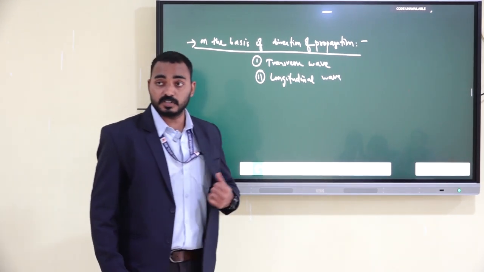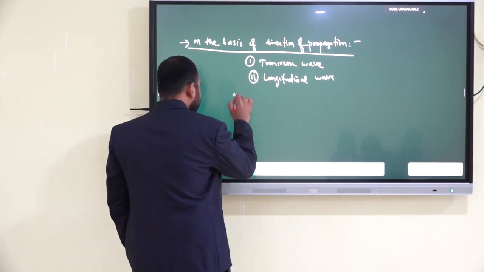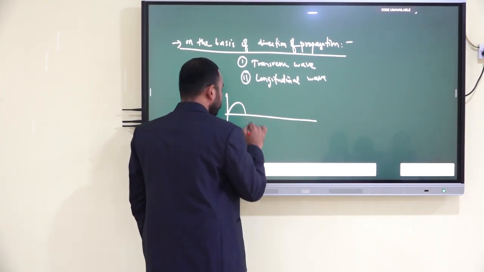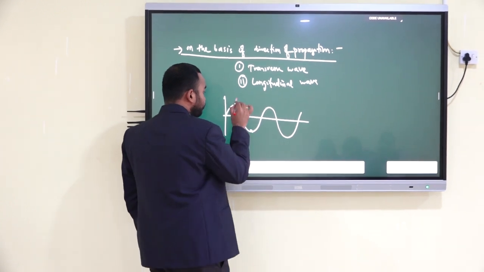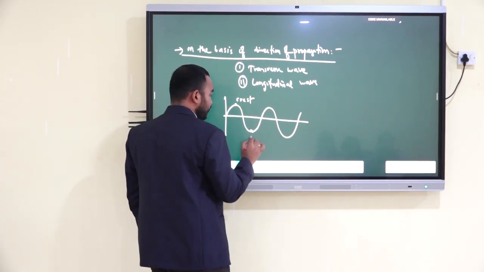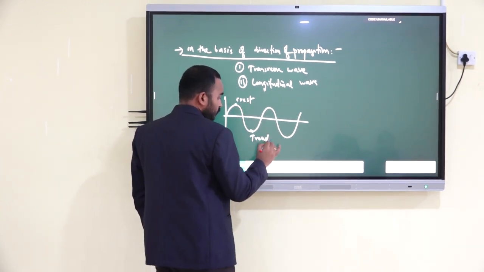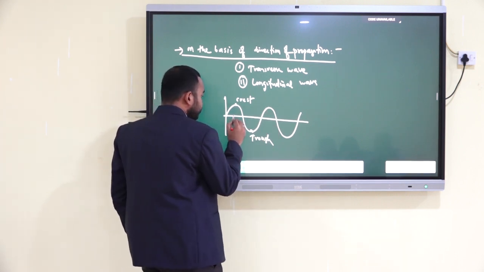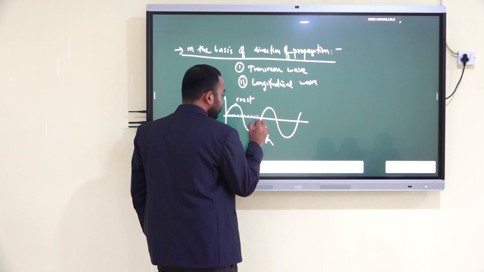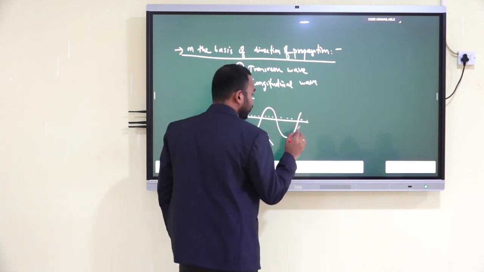In case of transverse wave, if we see the diagram, see this is the raw diagram of a transverse wave where 2 points lie. First this point is known as crest, this one is what? Trough. Now if you see, there is a particle at every point of the particular line.